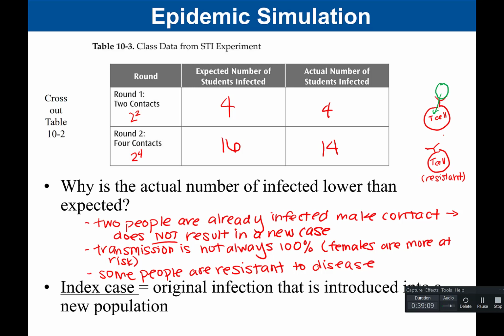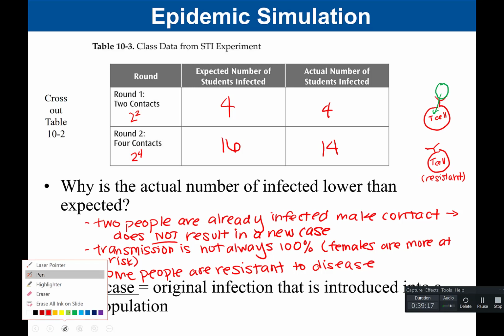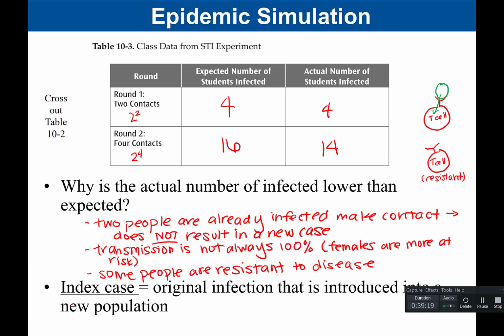Their receptor is not the same as somebody who's susceptible to HIV. So if their receptor is mutated and they have this unique type of receptor, HIV can no longer bind. And if it can't bind to that person's T cell, it can't get in and it can't replicate within their T cells. And so the person is going to be resistant to HIV.